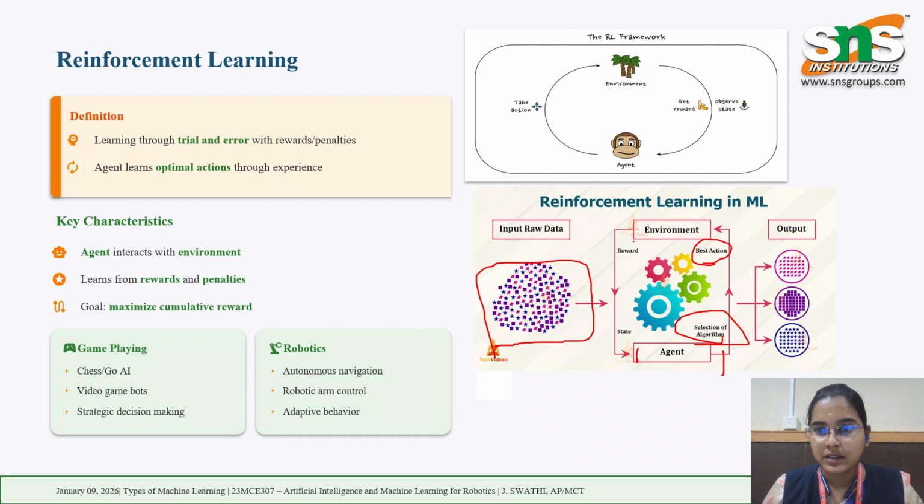Once the environment reacts, with either a reward or a penalty, it gives that feedback to the agent. So it acts, gets the feedback, corrects its mistake, and once again goes for the action. It is mainly used in game playing like chess or Go, AI video game bots, and strategic decision making, and in robotics particularly it is used for autonomous navigation, robot arm control, and adaptive behavior.